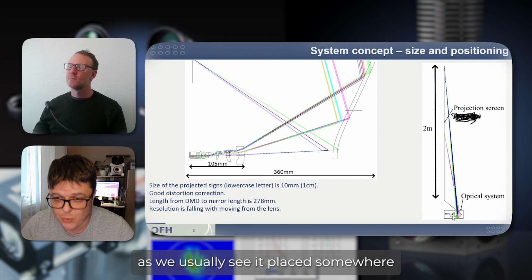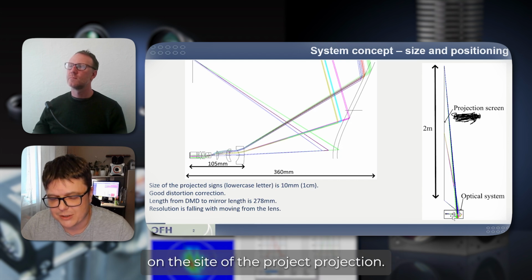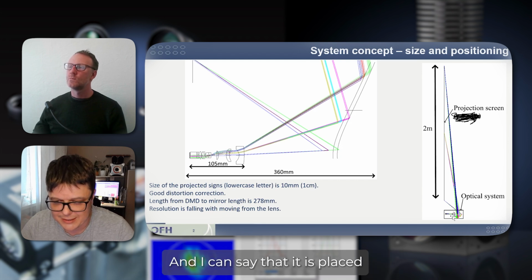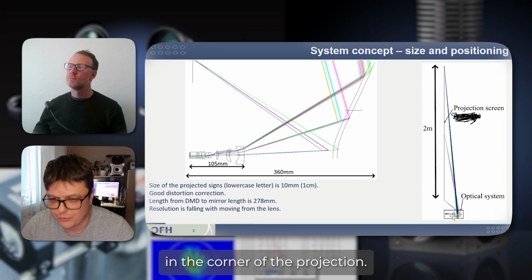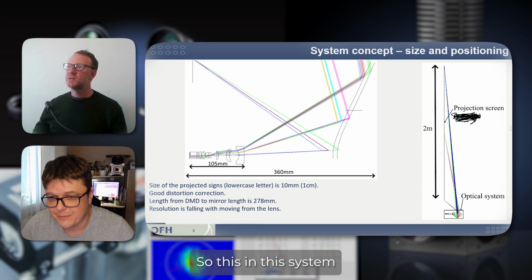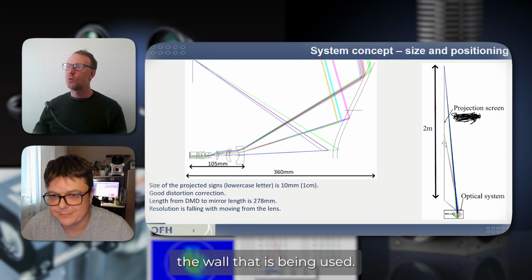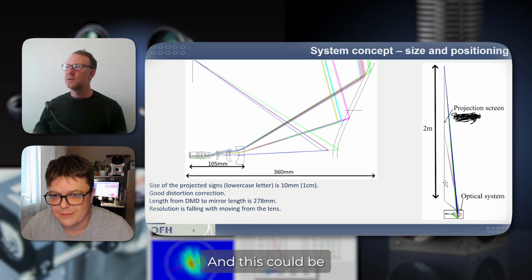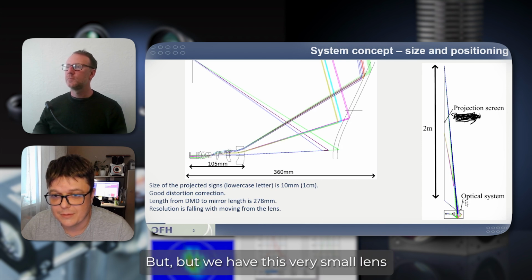It placed somewhere on the side of the projection, and I can say that it is placed in the corner of the projection. So in this system, the viewer would be here, and this is sort of the screen, the wall that's being used, and this could be from above, I guess. It could be from the side, but we have this very small lens and this large projection screen, and the people look at it from here.